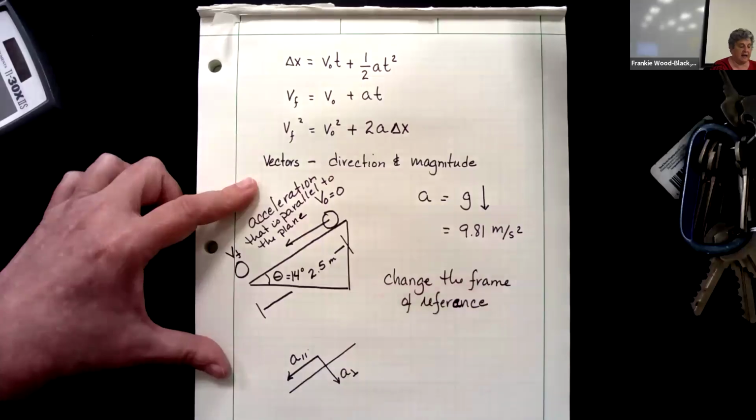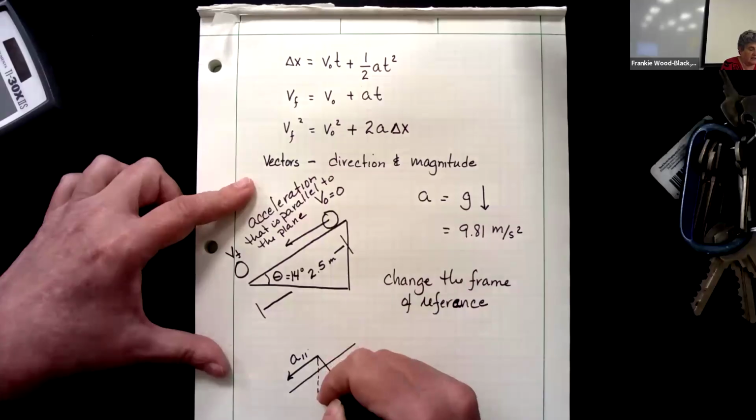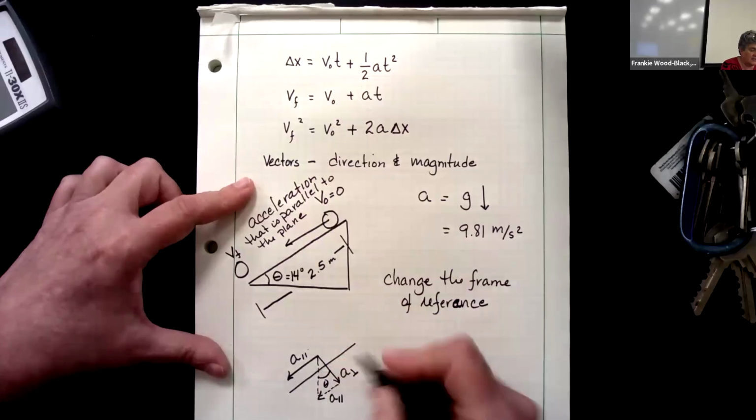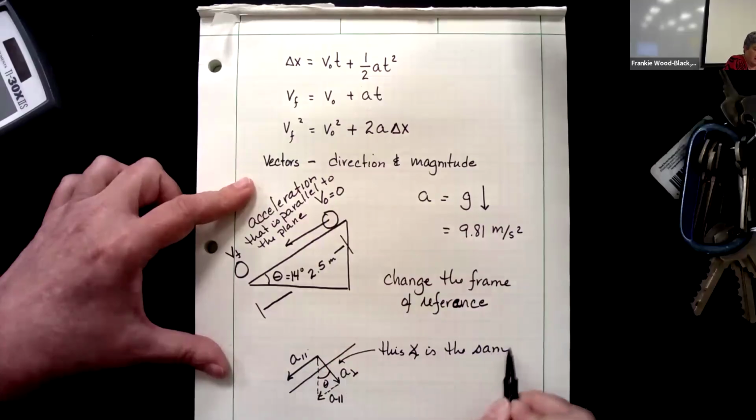We can figure that out because we can break this up into its 2-dimensional parts. And it turns out that this angle is the same as the angle of my inclined plane.